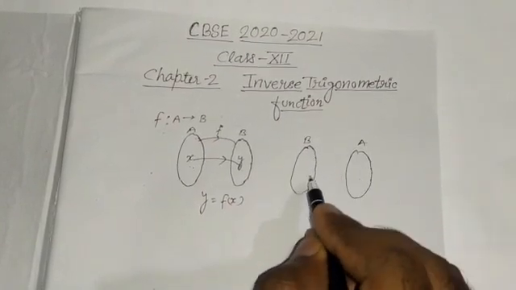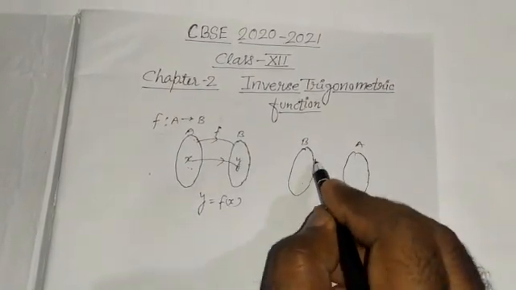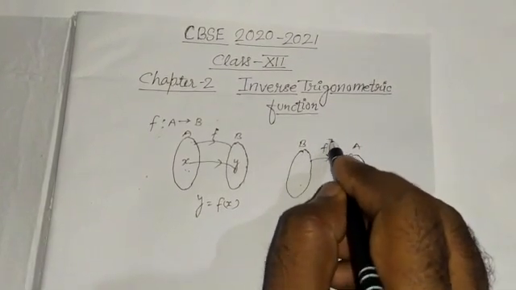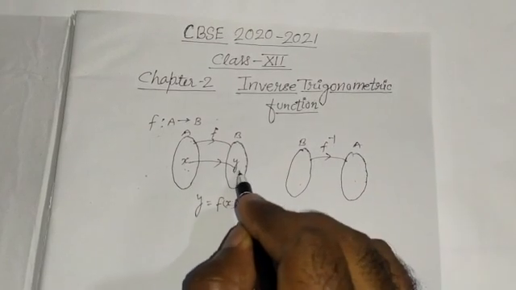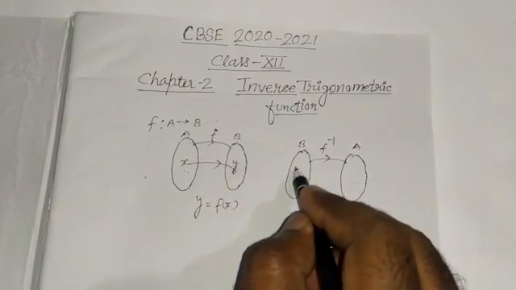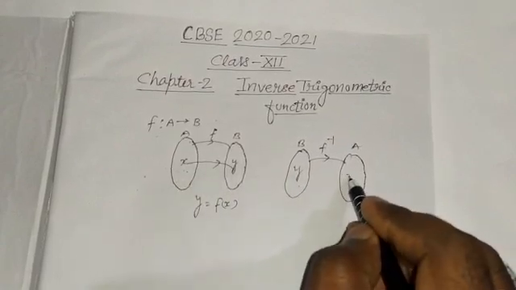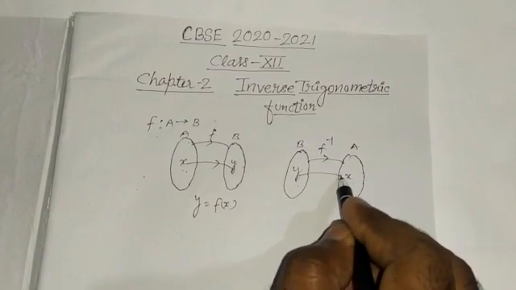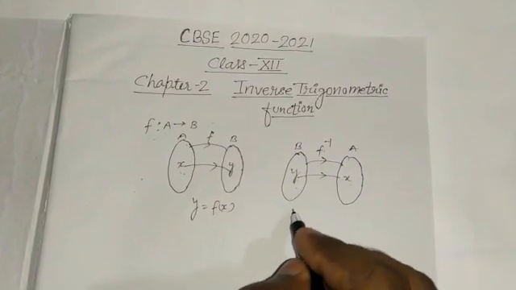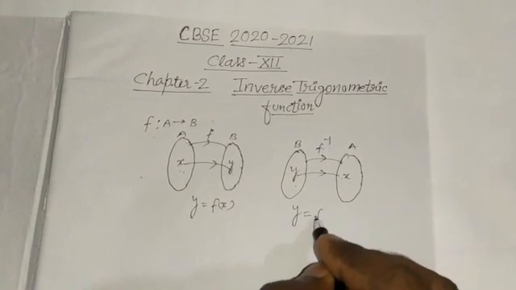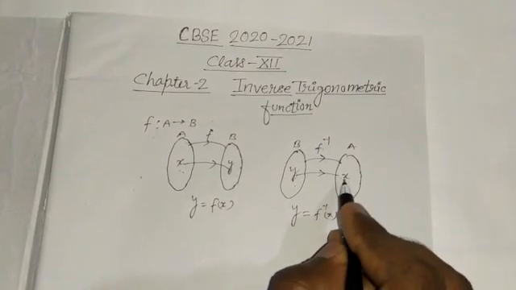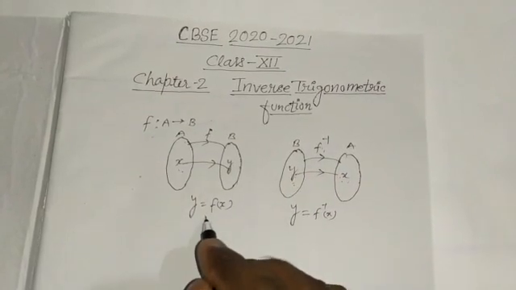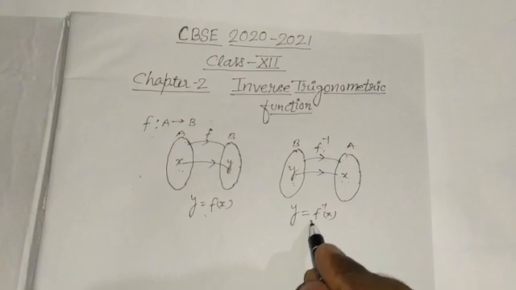This will be the domain set for the inverse function, and the inverse function maps from set B to set A. This is f inverse, and in set B y is an element and in set A x is an element, and y is inversely related to x under f inverse. Here you can write x equals f inverse of y, because this y element is associated to x under f inverse.